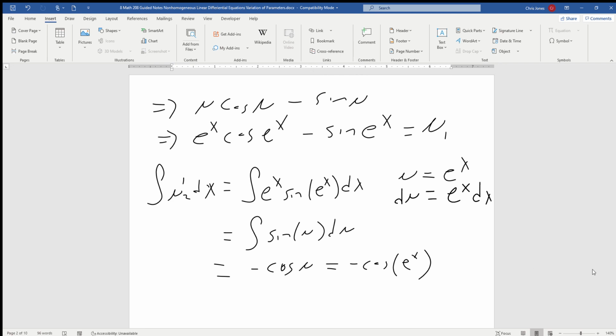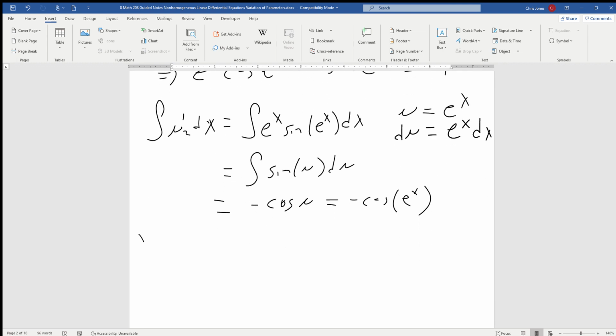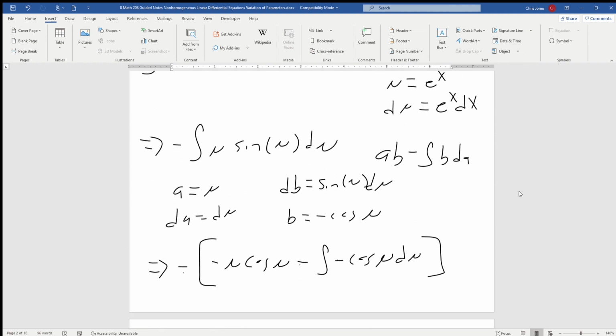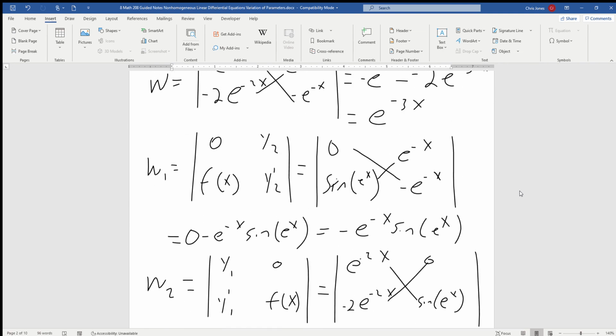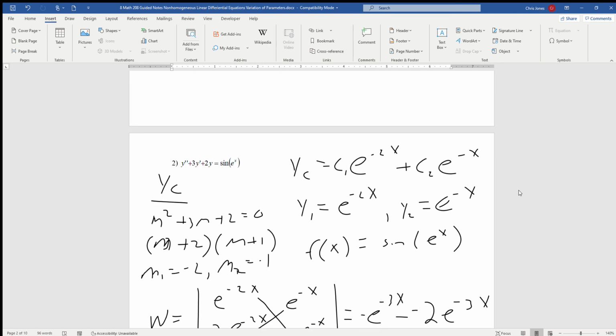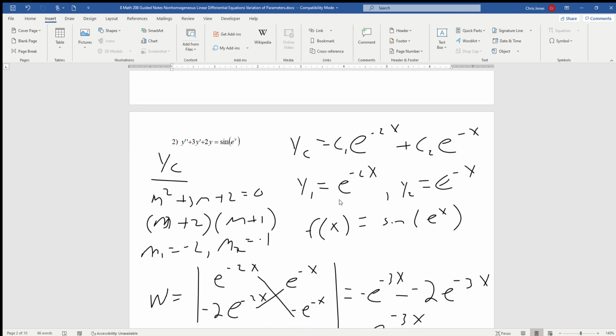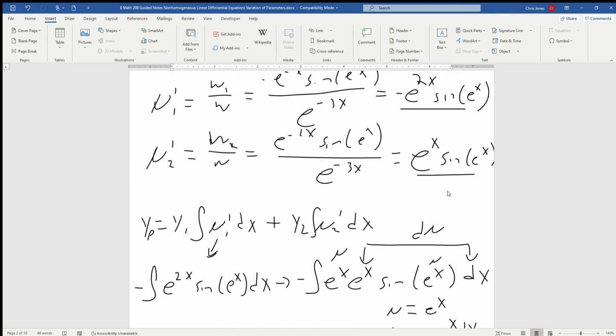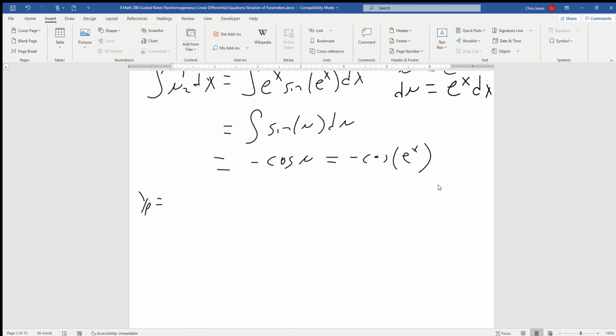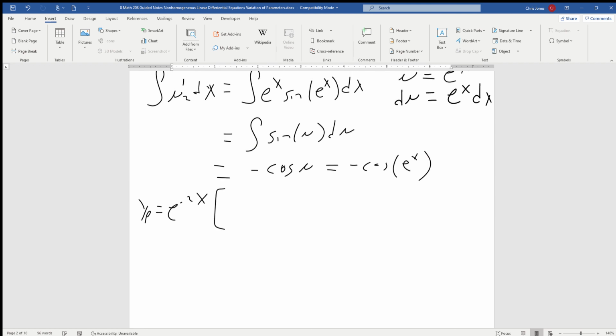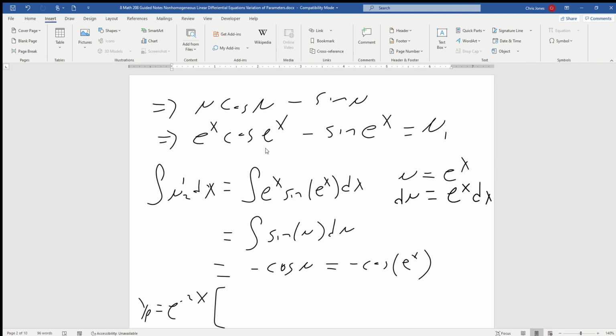All right. So we're going to meld all of this together. We're going to get our particular solution. So yp is going to be equal to y1 u1 plus y2 u2. And remember, all the way back up here, y1 was e to the minus 2x. y2 was e to the minus x. So we're going to have e to the minus 2x times the quantity of this horrific answer that we got before for u1.